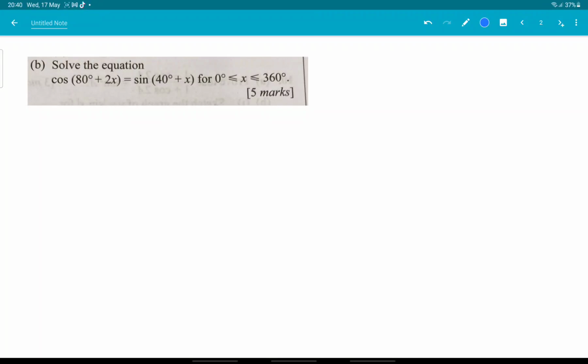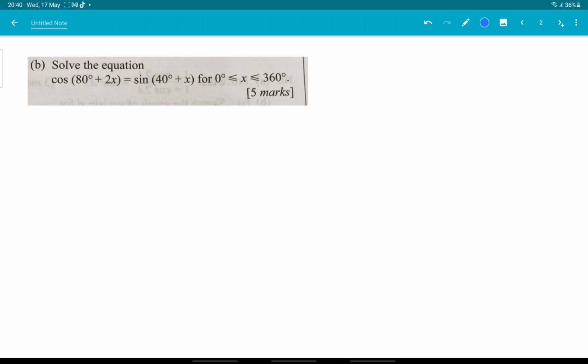So for this question, from the topic of trigonometric functions in Maths Form 5, we have the equation cosine (80 degrees plus 2x) equals sine (40 degrees plus x).